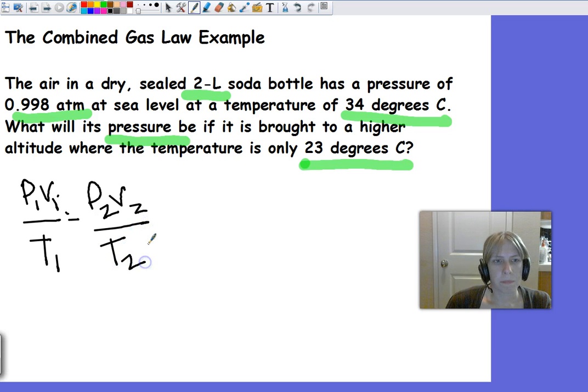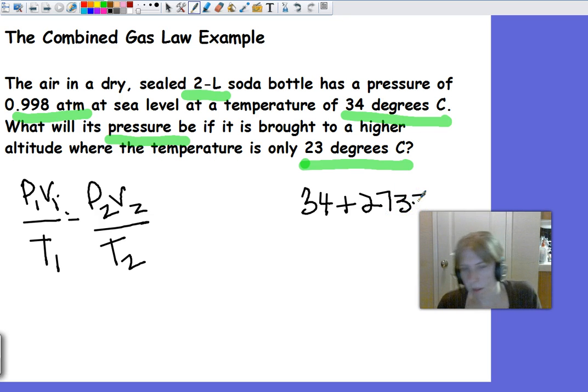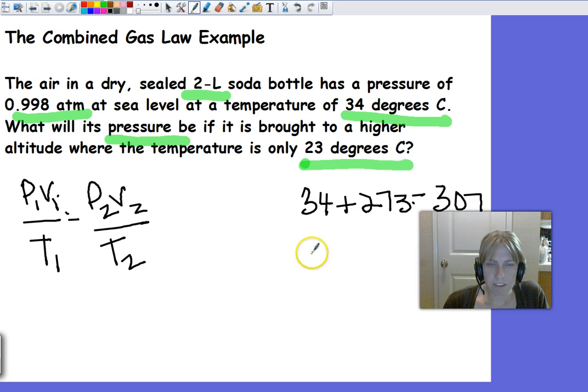over T2. We have to convert our degrees Celsius, so we have 34 degrees Celsius plus 273, and that is going to give us our 307 Kelvin, and then our final one is 23 plus 273, and that's going to give us 296 Kelvin, and now we can fill in all our values.